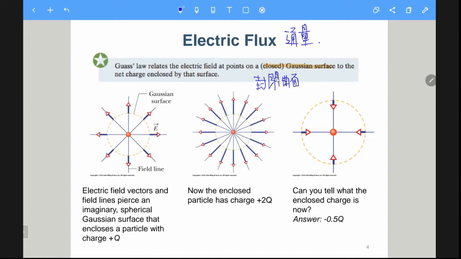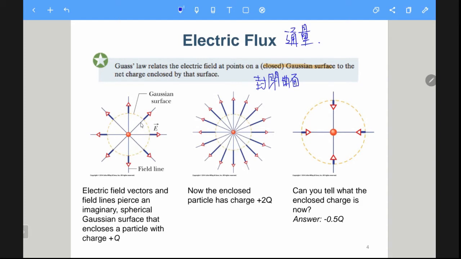Of course, this figure is in 2D, so you can imagine it should be a sphere rather than a circle, but it is good enough for demonstration.